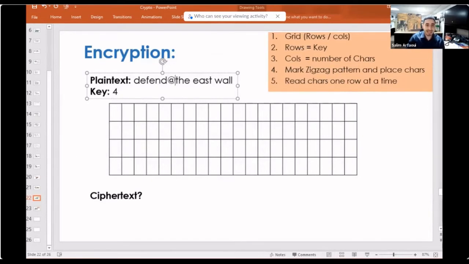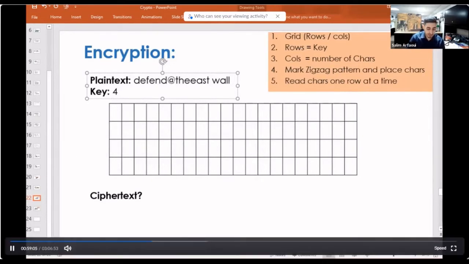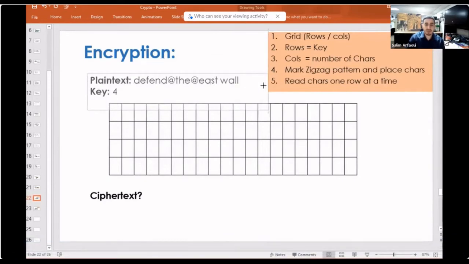So let's put an @ symbol as a space. Basically we agree with the receiver of this message that a space is referred to by this @ symbol. It's a special character that is not part of our alphabet, however, it will symbolize space.